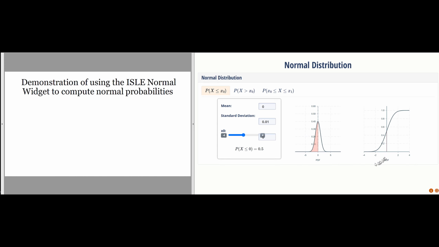Now, the nice thing about the cumulative distribution function representation is that this vertical axis is directly readable as probability. And you'll notice that the cumulative distribution function crosses at 0.5, all right? So half of the probability in the normal distribution is below the mean, and half of the probability is above the mean.